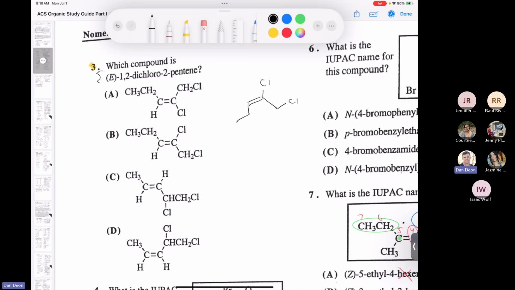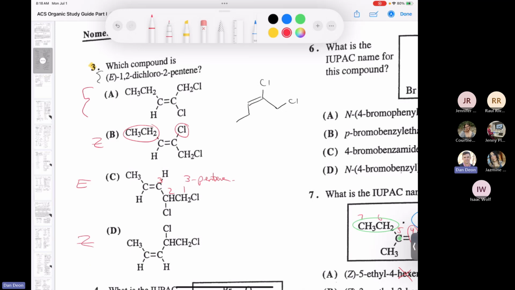So if I look at B, now I can see what was wrong with B. If you look at B, you can see that this is a Z compound, so this is not right. If you look at C, it's an E compound, but you have 1, 2, 3, so your double bond is a 3-pentene, so that's not right. If you look at number 4, you can see that this is a Z compound, so that one's not right.